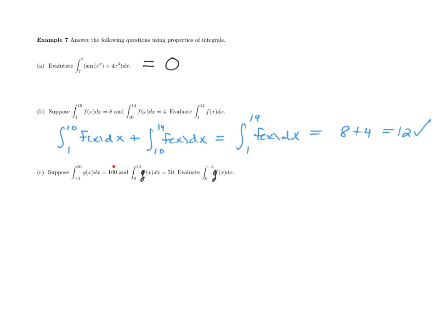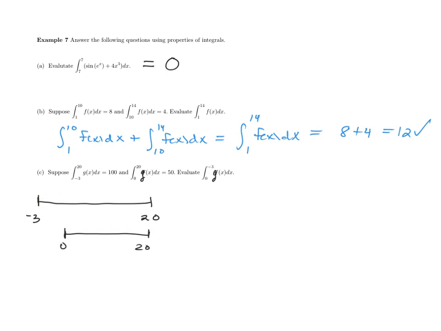Let me try to think about this on a number line. If you look at this first integral, you're going from -3 to 20, and that's giving you some area. But this one goes from 0 to 20, so the other one goes from here to here. And we want to figure out, what's this leftover area? If you know the area from here to here, and that's equal to 100, and you subtract off the area from here to here, that means this stuff is going to be left over.